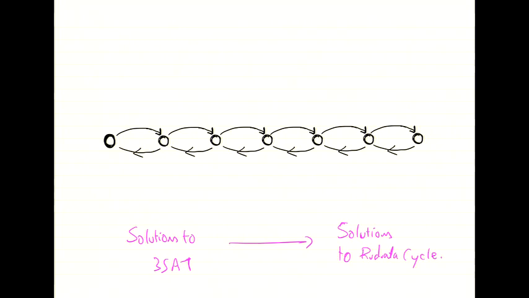You want to map solutions to solutions in both directions. And so in order to do that, you start by thinking about gadgets. What's the most basic object in a 3SAT instance? It's a variable. So the most basic thing you would want to map is a variable.